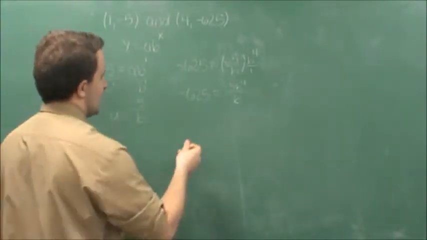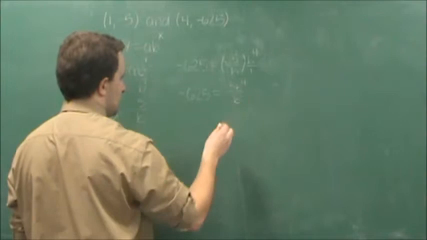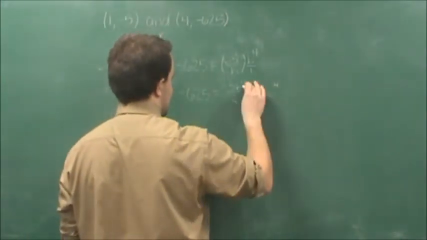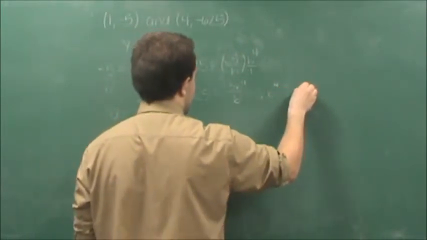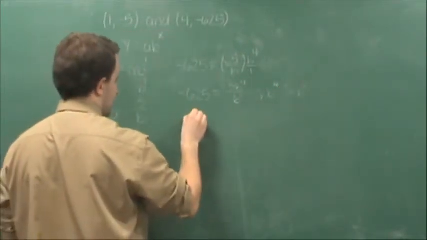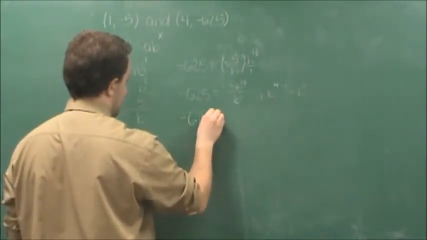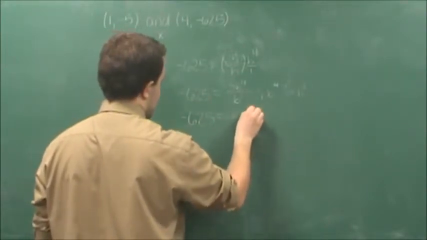But then notice what's going to happen. We have b to the fourth over b to the first. Remember, by exponent rules, division means you subtract 1 from 4. And you're left with a b to the third. So that expression now becomes negative 625 equals negative 5 b cubed.